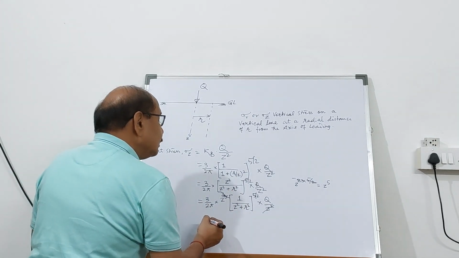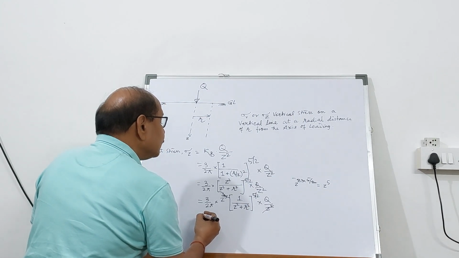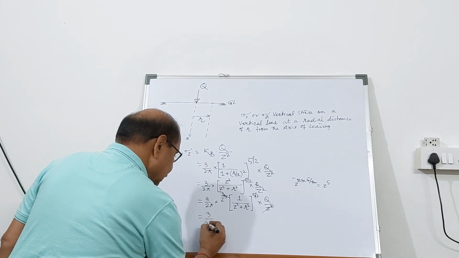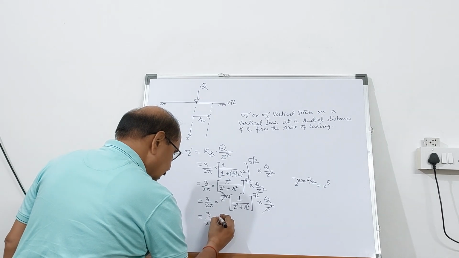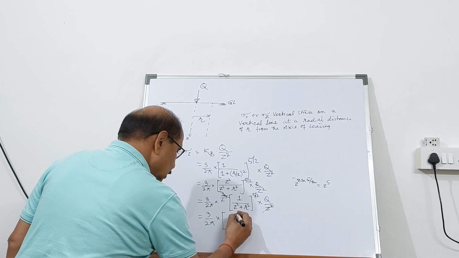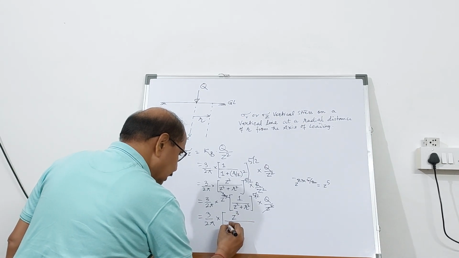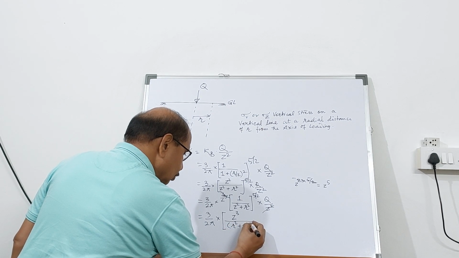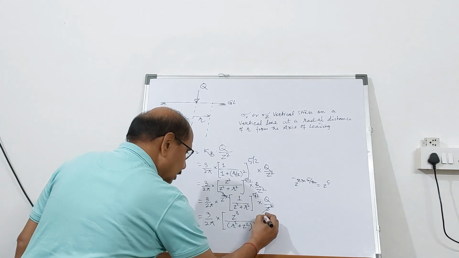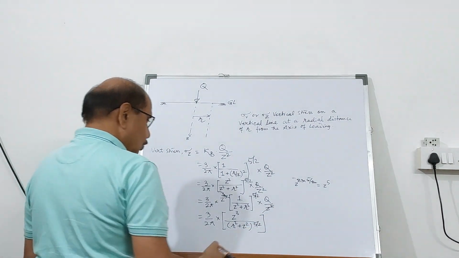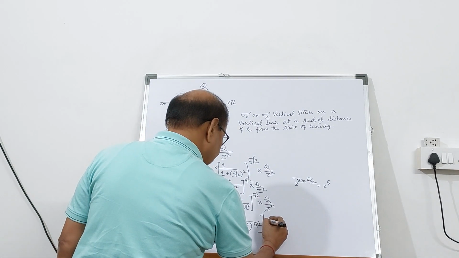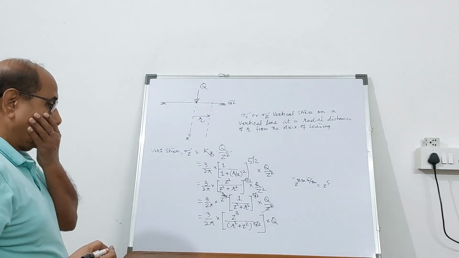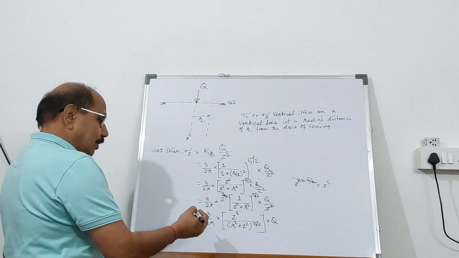So finally what you get is that it can be further written as 3 divided by 2 pi into z cube divided by r square plus z square raised to power 5 by 2, into Q. So 3Q by 2 pi, you can write it.